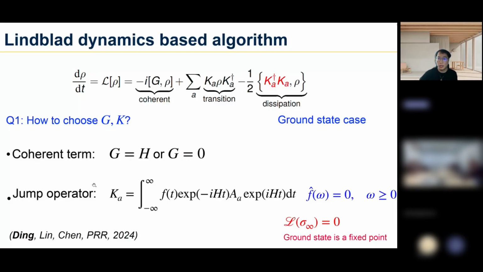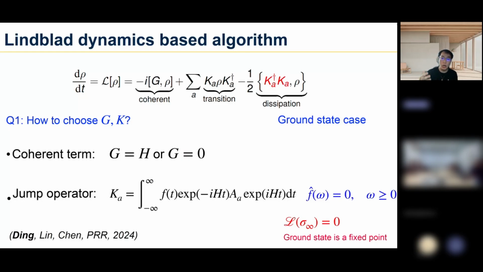The jump operator looks slightly more complicated. However, you can essentially imagine it as a linear combination of Heisenberg evolution. This f(t) is the coefficient of this Heisenberg evolution. We can call it the filter function. This matrix A is a matrix.